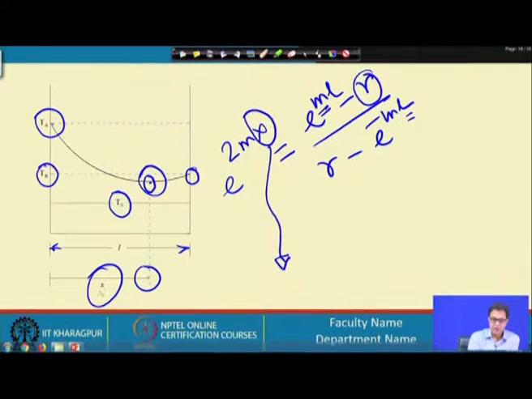So, we have x and then L minus x, these are the two lengths over which we have to calculate the heat transfer. So, how do you do that?